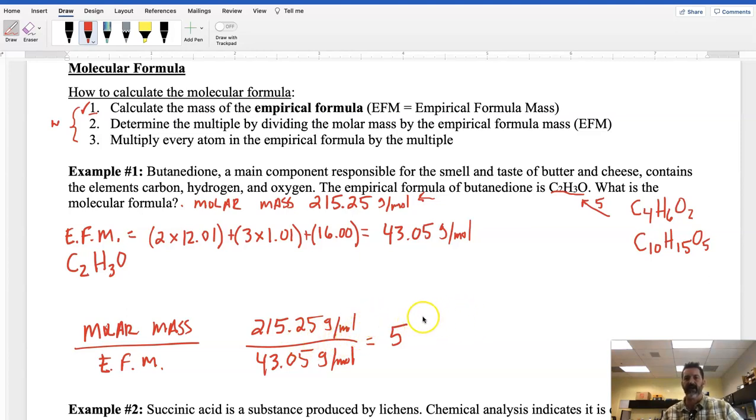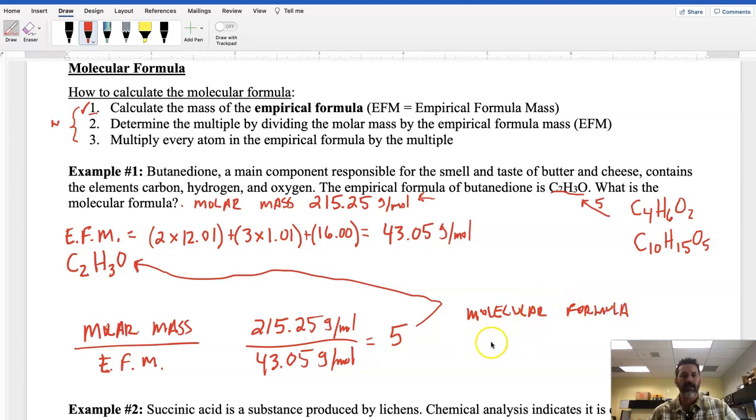So I'm going to take this 5 and go back to the empirical formula and multiply each of these individual atoms by 5. That means my molecular formula is going to be C2 times 5, so that's C10, H, 5 times 3 is 15, and O, there's a 1, so times 5, I get 5.